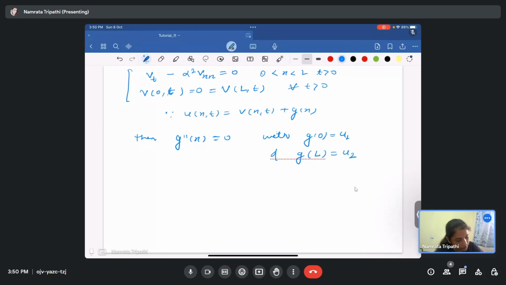So from here, what will be the value for g(x)? g(x) will be c1x plus c2. After applying the boundary condition, you can calculate the values of c1 and c2.